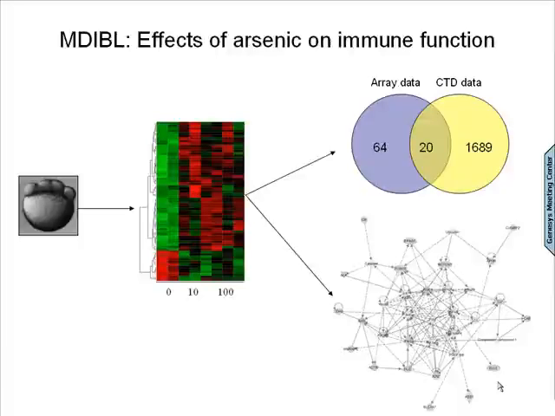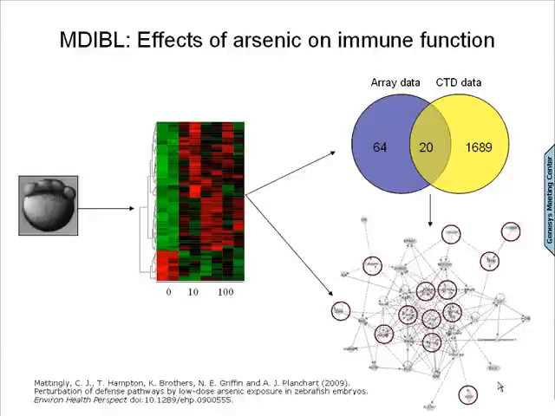When we take those 99 genes and create a network from Ingenuity Pathway Analysis and compare these 20 genes to this network, we found that half of them were members of this top scoring network. This is particularly important because this network is associated with leveraging an immune response.